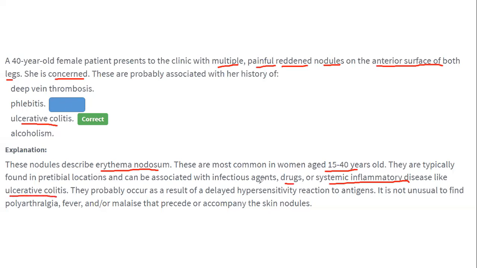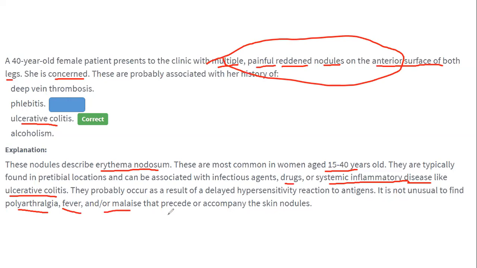So ulcerative colitis is a systemic inflammatory disease, and it has a skin manifestation as well. They probably occur as a result of a delayed hypersensitivity reaction to an antigen, and it is not unusual to find polyarthralgia, fever, and malaise that precede or accompany the skin nodules.